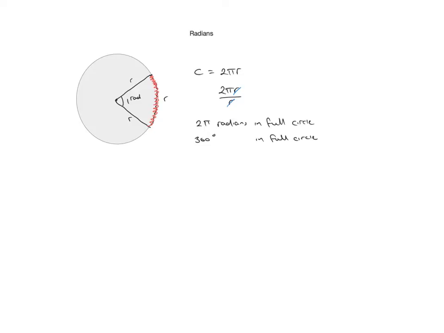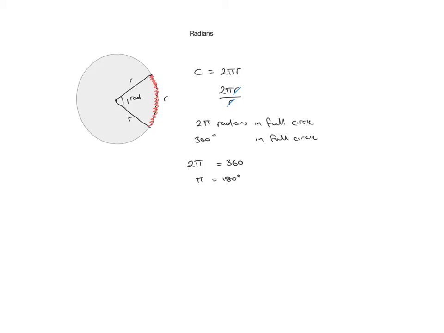So a full circle is 2 pi rads, and that is equal to 360 degrees. So therefore there's a very simple relationship between rads and degrees, and we know that pi is equal to 180 degrees. So pi radians is equal to 180 degrees. Now that we know that, we can convert from radians into degrees or degrees into radians.